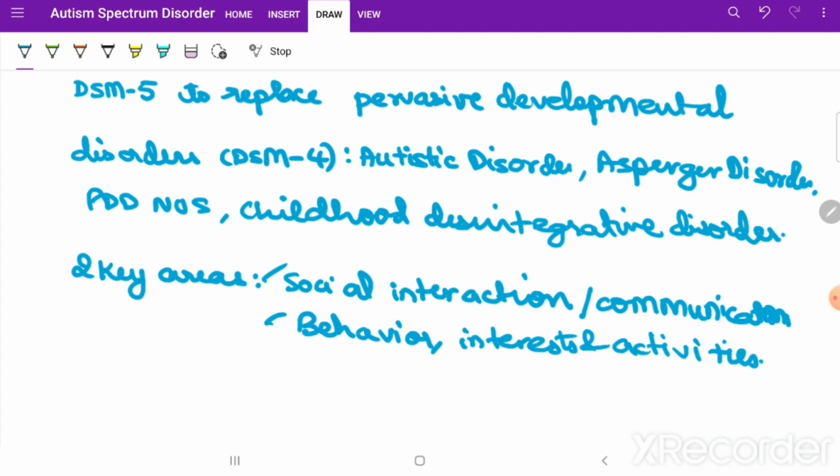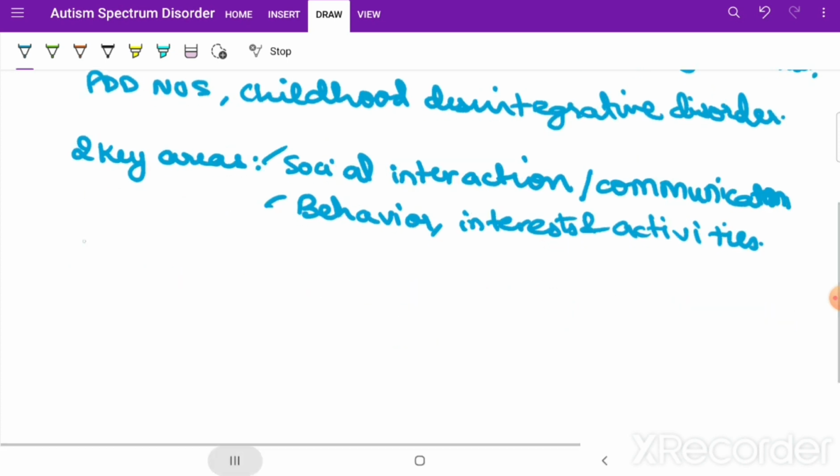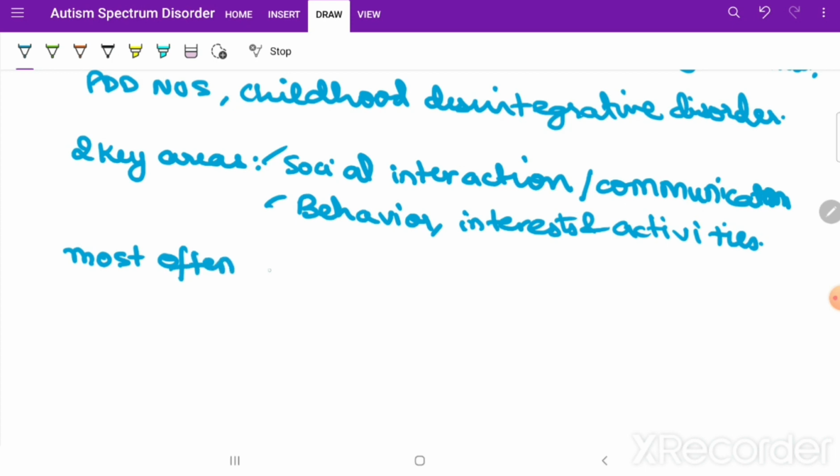Now what you need to know is, although there is no longer a specific age of onset criterion for autism spectrum disorders, the symptoms must be present in early childhood. Most often the symptoms of ASD manifest in the second year of life. This is an important point you need to know.